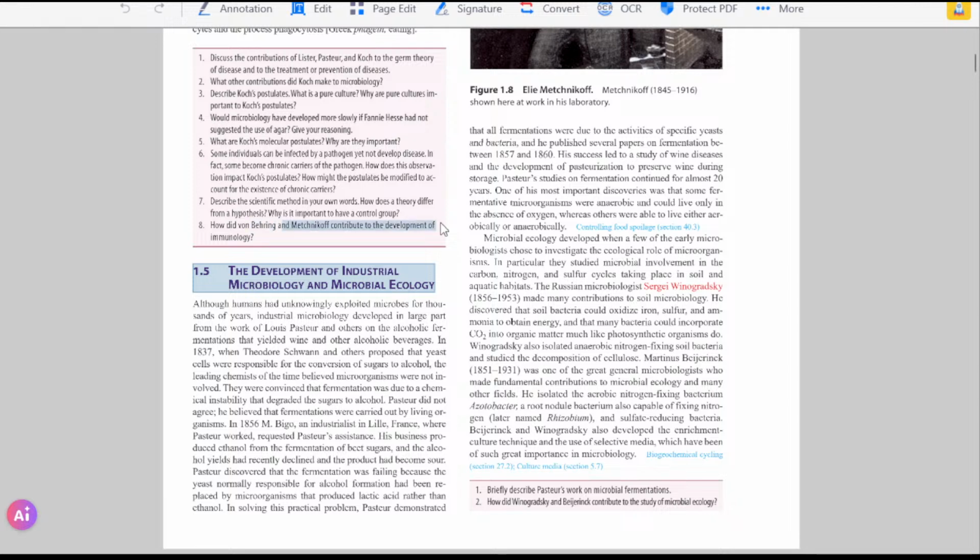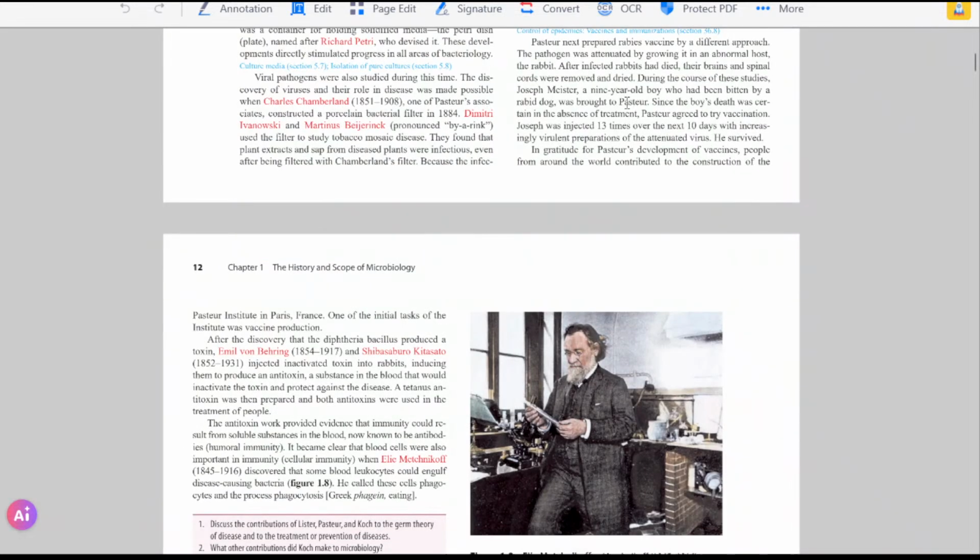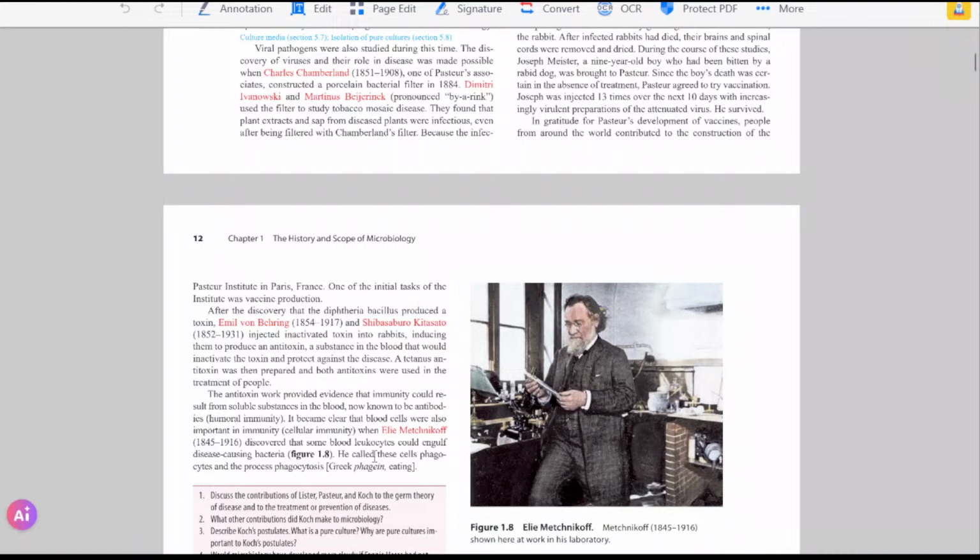While Mechnikov, I forgot what he did. What did Mechnikov do? Discovered some blood leukocytes could engulf. Oh yeah, phagocytosis. He discovered phagocytosis.